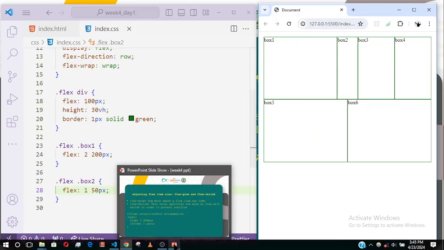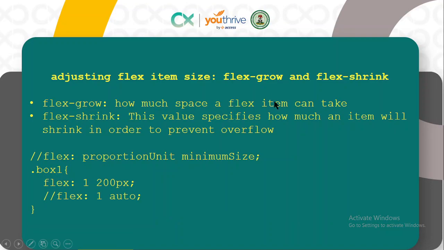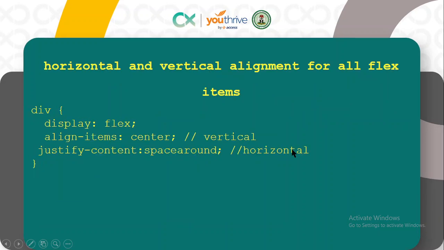So that is it for adjusting flex item size. So next, we will now move to horizontal and vertical alignment for all flex items. And in this, the new thing that we need to add is align-items center. Now this is for the vertical alignment.